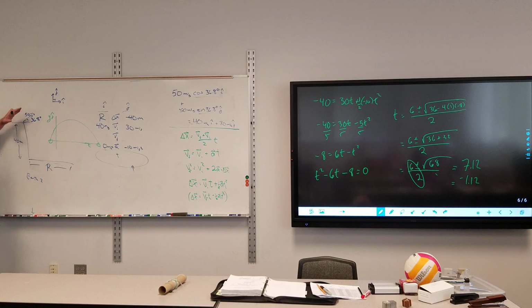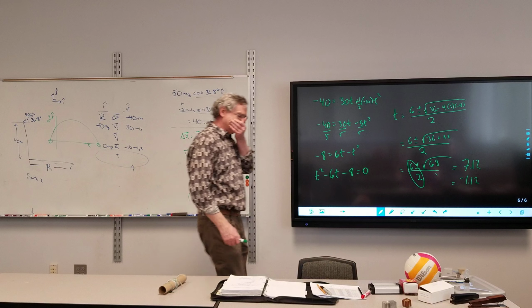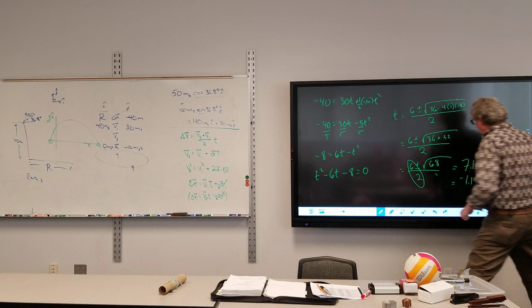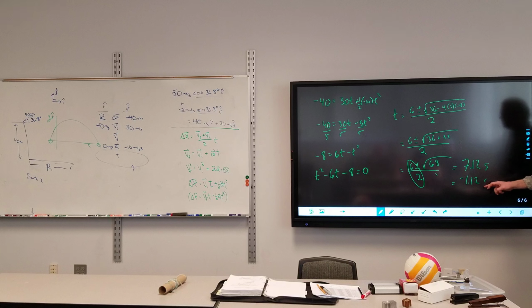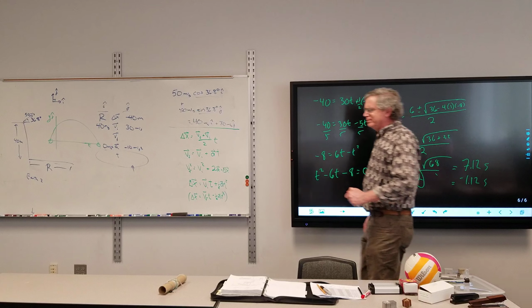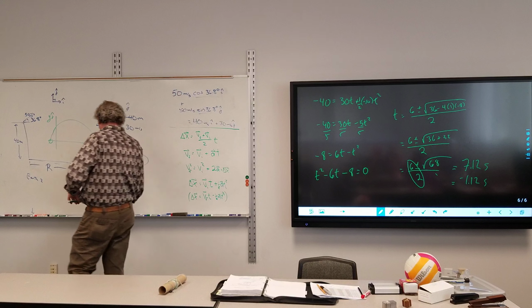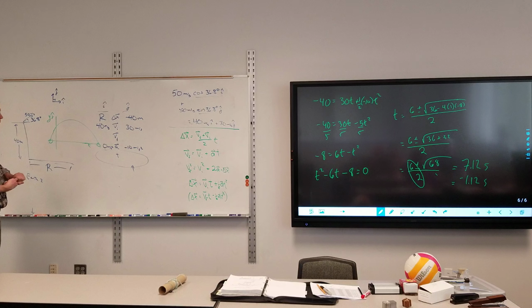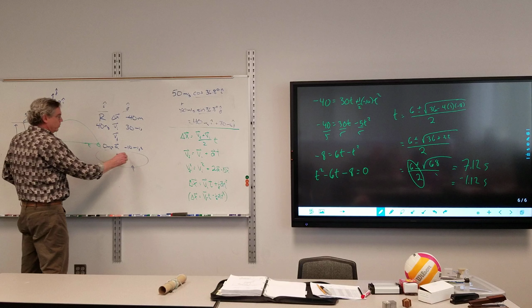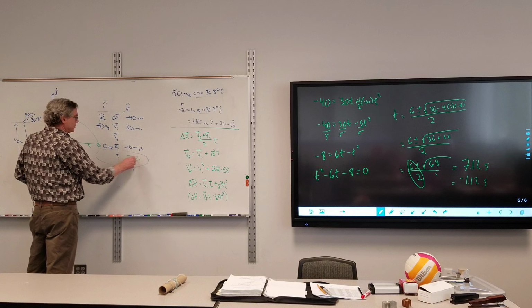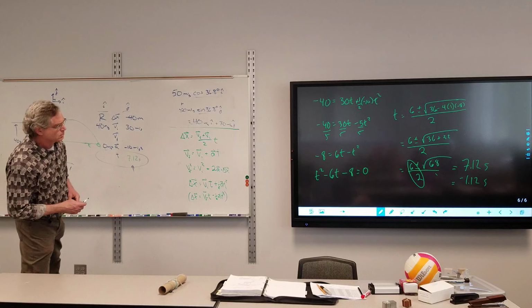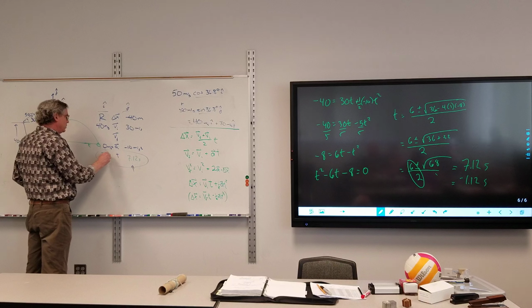Since we're initially throwing it upwards, I would expect there to be a positive and negative solution, where the magnitude of the positive solution is bigger than the magnitude of the negative solution, as discussed yesterday. So we have these two times, apparently slightly different than what we had before, for whatever reason. So now we know that this is 7.12 seconds.